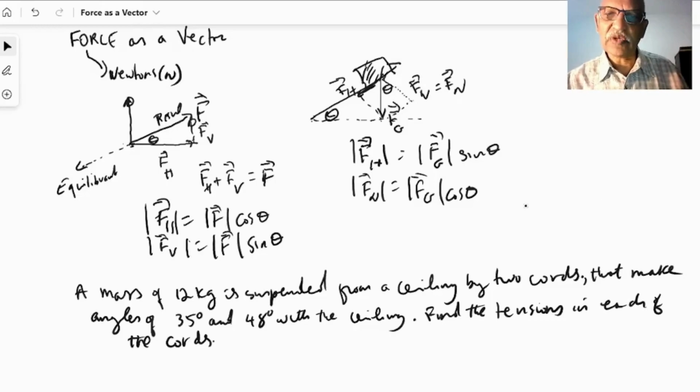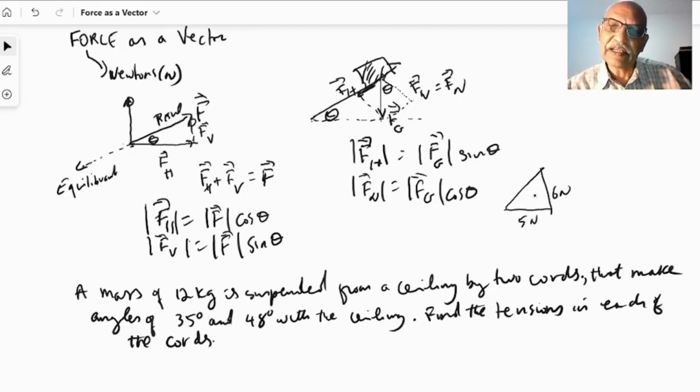Another concept we should know is, in a triangle, if there are two forces as sides of this triangle, let's say this side we have 5 newtons here, 6 newtons here. The third one, if this is the longest one, cannot be more than the sum of the two smaller ones.